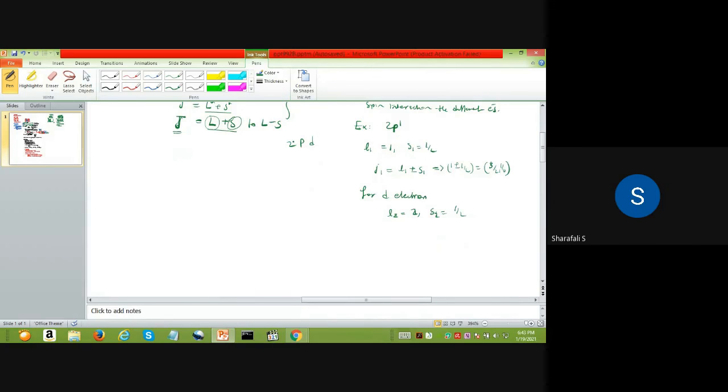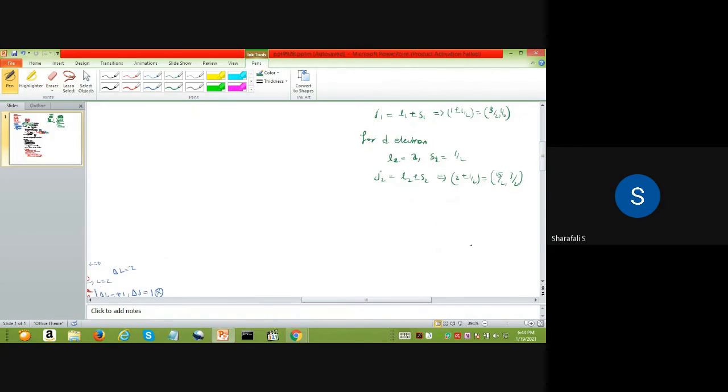So in the PD state, P is having one electron, D is having one electron. The second electron is in the D orbit, so L2 is equal to 2, S2 is equal to half. So J2 will be equal to L2 plus or minus S2. That will give me 2 plus or minus half, which is 5 by 2 and 3 by 2.